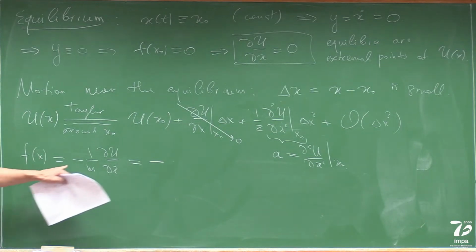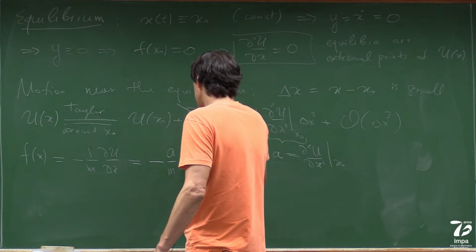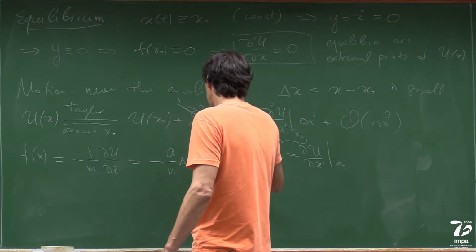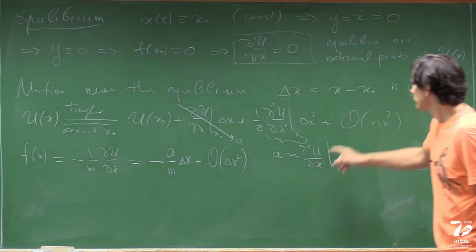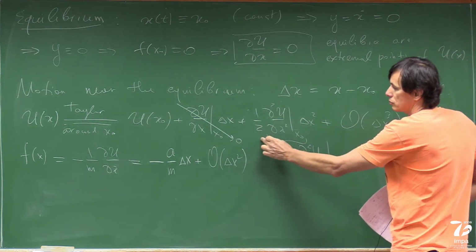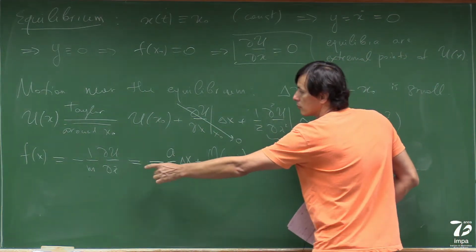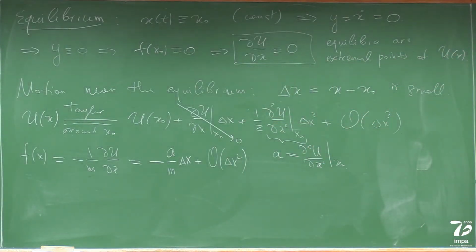So this will be minus a over m delta x, and then the second order term. Right, so we differentiate. It comes from this term, this a by 2. This 2 cancels. The m comes from here, minus delta x in the next term. Agree, no?